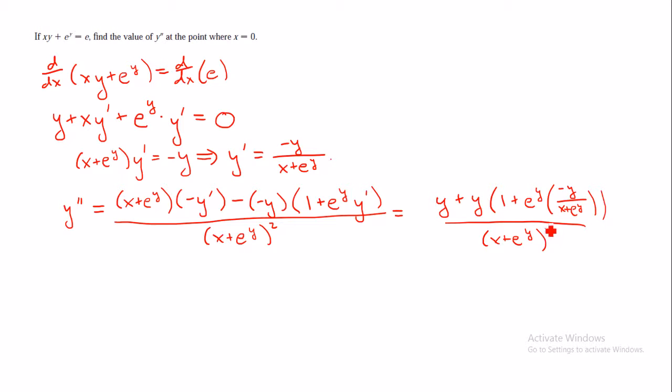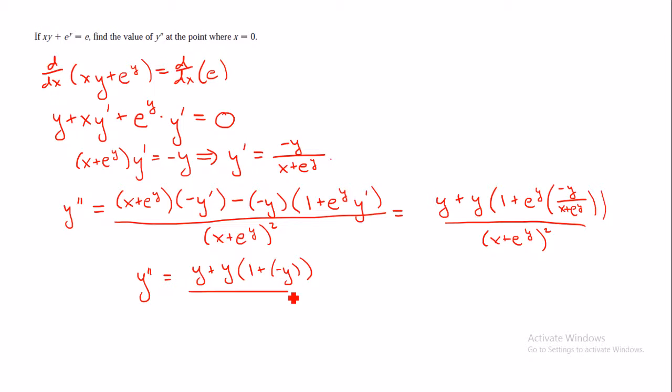Okay, so I know x is supposed to be 0. Okay, so let's go ahead and plug that in right away. So y double prime equals y plus y times 1 plus, now look, when x equals 0, I'm going to get e to the y over e to the y here, which are going to cancel, so actually I just get a negative y.